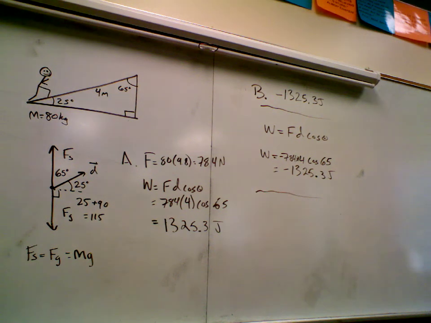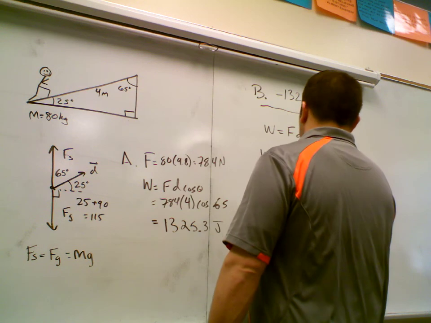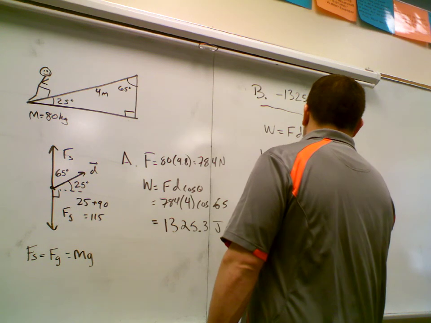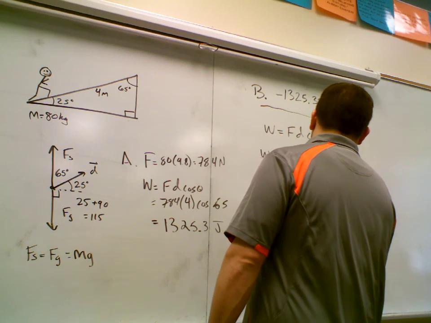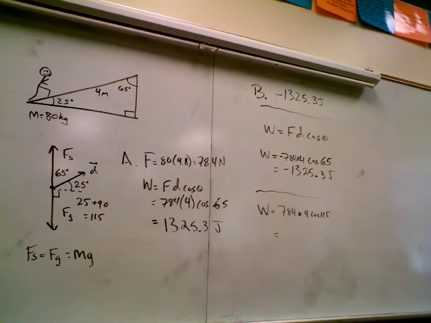Does that make sense? So if I do that, I do work equals 784 times 4 times the cosine of 115. We don't need to worry about negative signs because if you know your unit circle, cosine 115 is a negative number, right? So what do I get? Negative 1325.